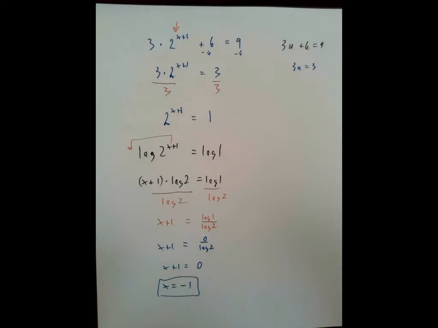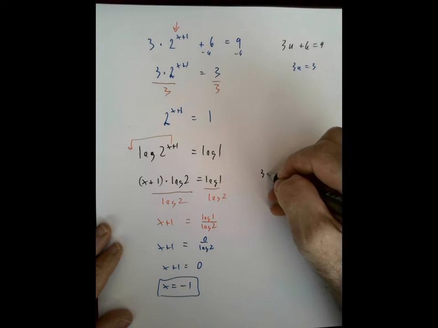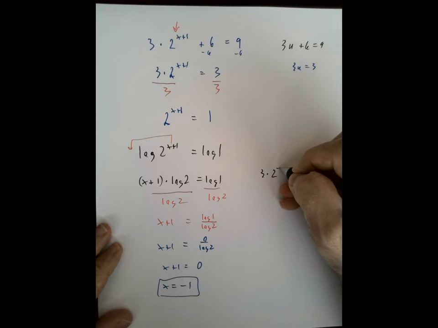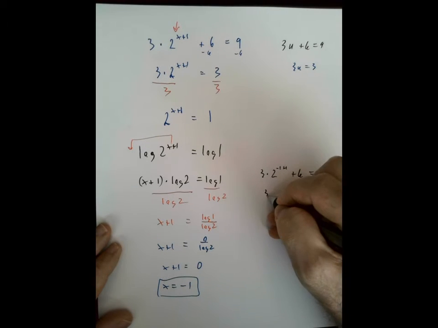All right, so, by the way, let's check our answer. We put -1 back up here at the top. It's a nice even number, so it should be easy to do. 3 times 2 to the -1 plus 1, plus 6, supposedly is 9. Well, -1 plus 1 is 0.